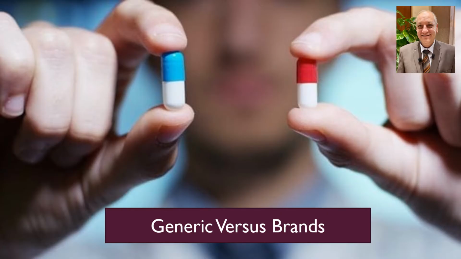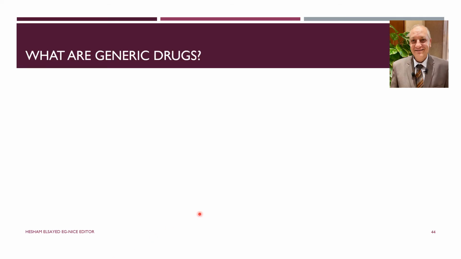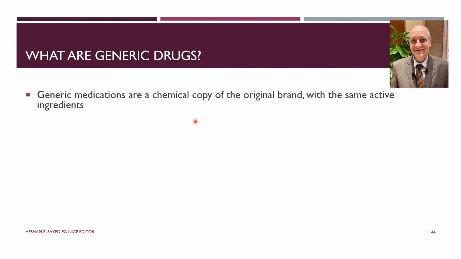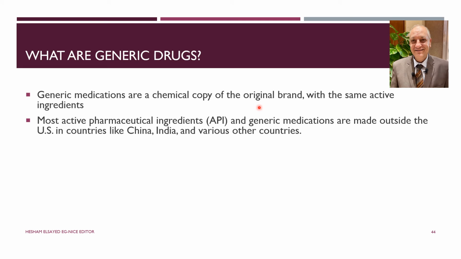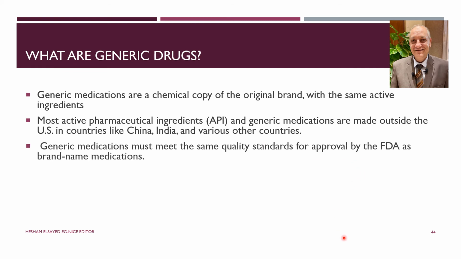Coming to the third part of the talk, which is generic versus brand. What are generic drugs? Generic medications are chemical copies of the original brand. Most active pharmaceutical ingredients in generic medication are made outside the US in countries like China, India, and various other countries.